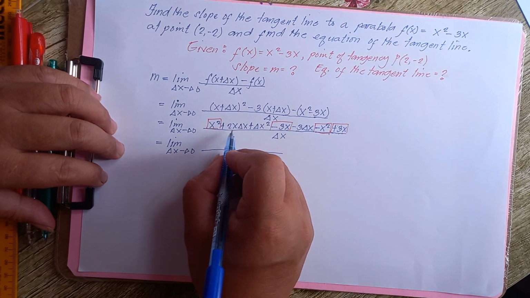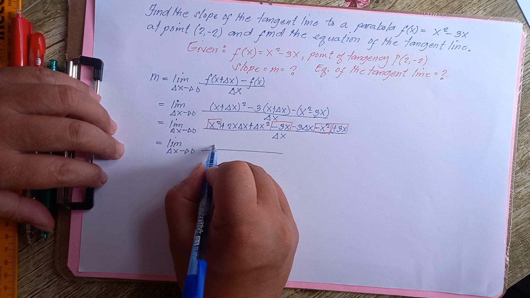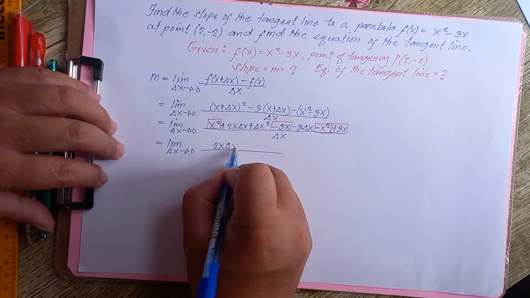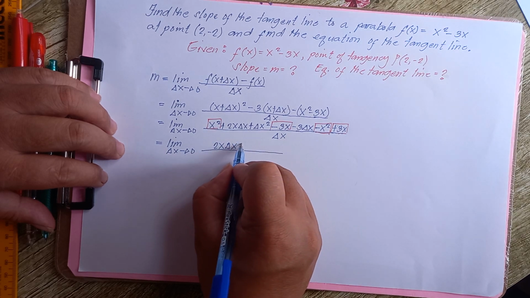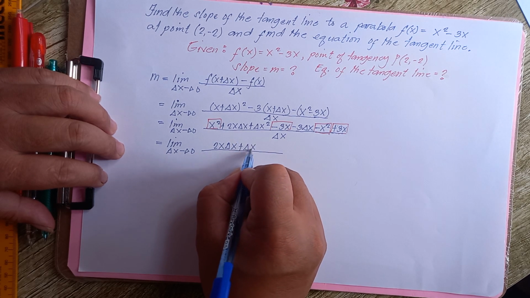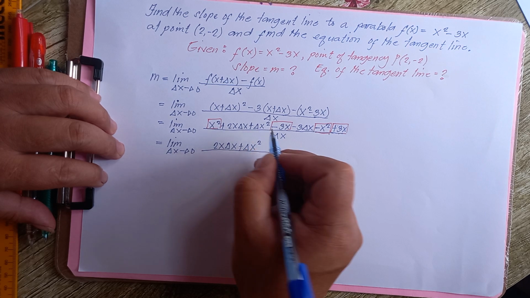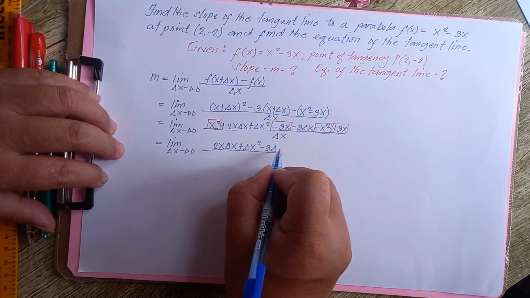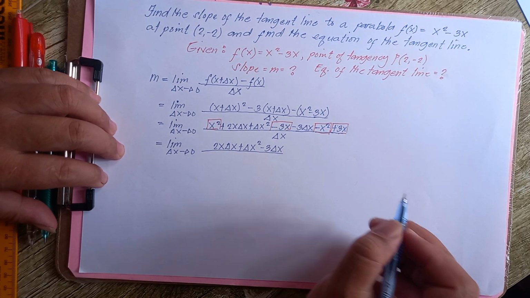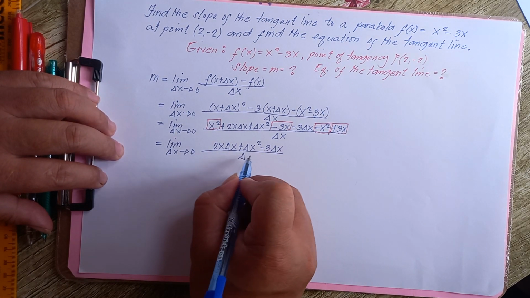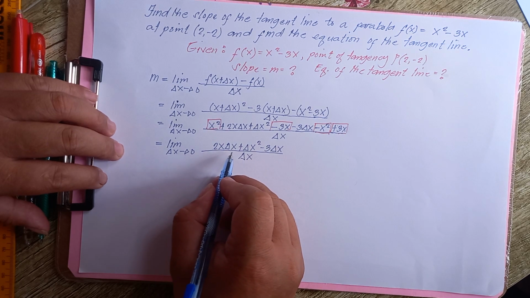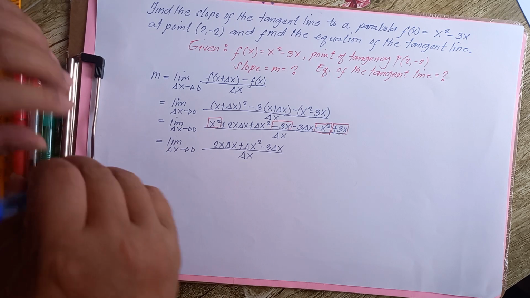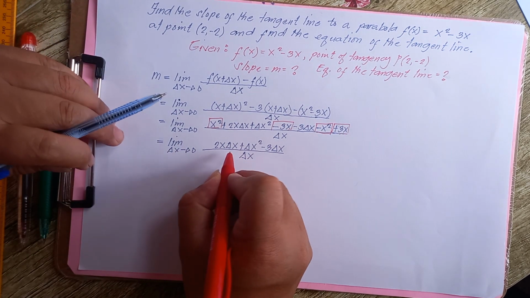We have in here 2x change of x plus change of x raised to 2 minus 3 change of x over change of x. Notice that still you cannot have the direct substitution, but in here you will notice a common factor.